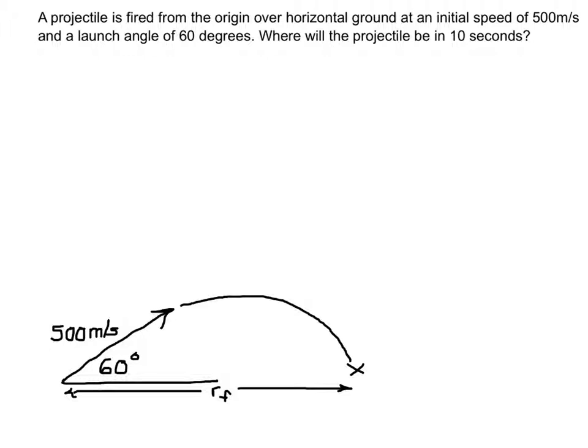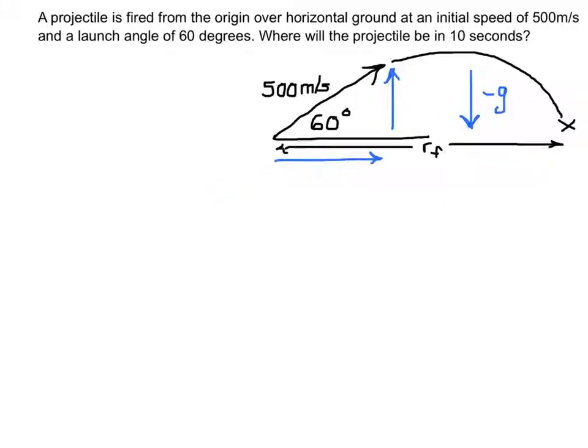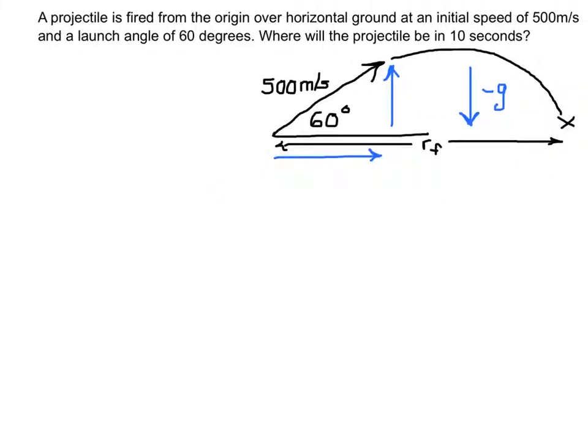And we must keep in mind that we have a horizontal velocity, we have a vertical velocity upward, and then we have gravity that's pulling it down. So a negative g pulls it down. Let's take this and let's move this diagram up here to the right. And let's start working out our math for this.